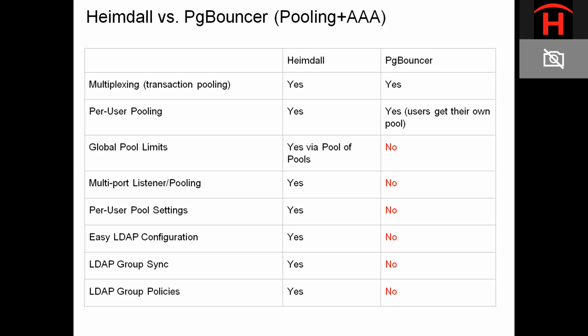The second part is per user pooling. Let's talk about how PG Bouncer works. If you configure connection pooling in PG Bouncer, and then you connect with two users, what it does is create two connection pools.